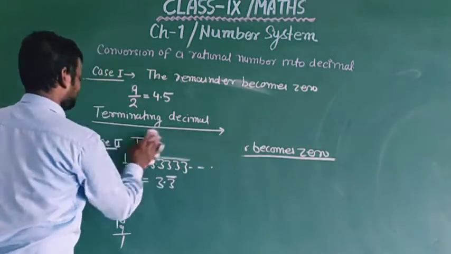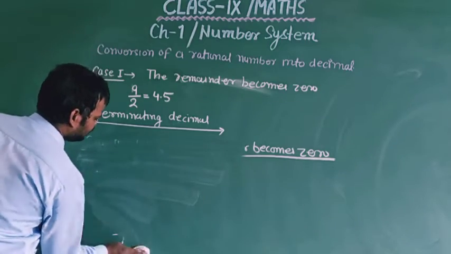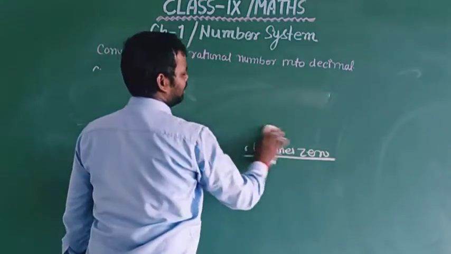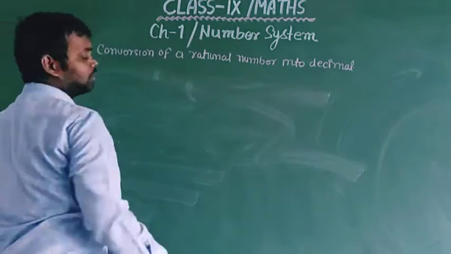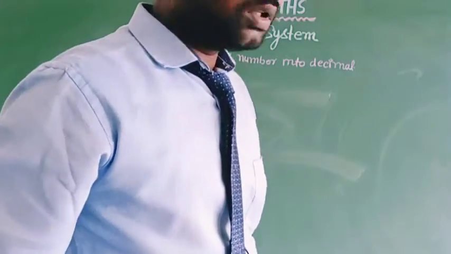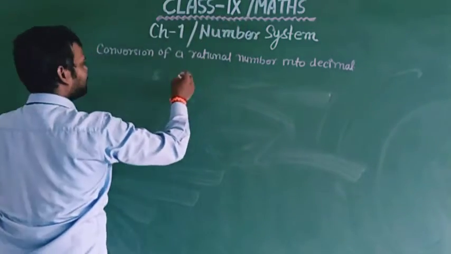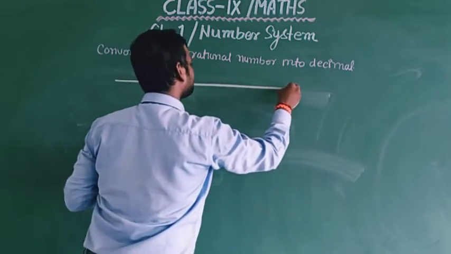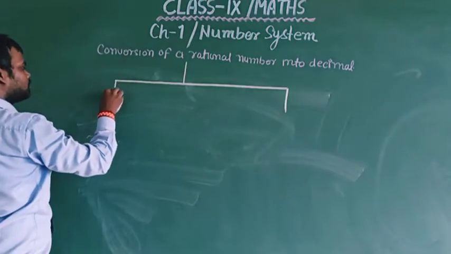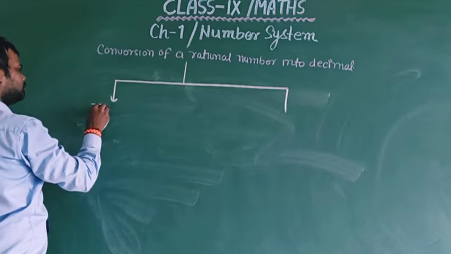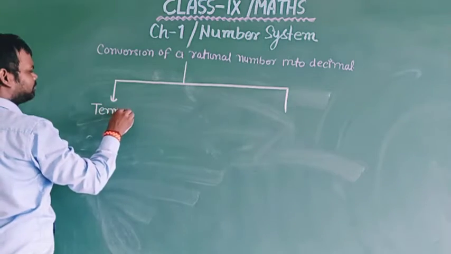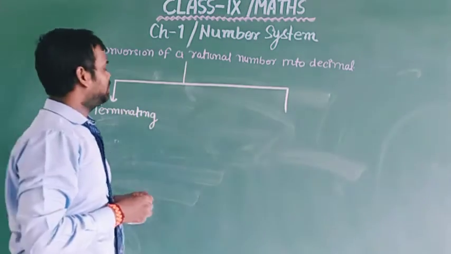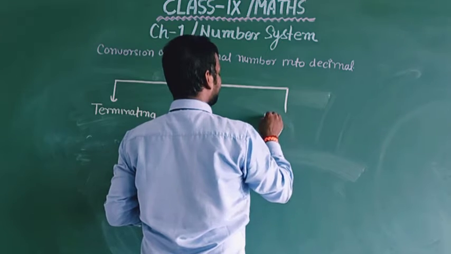We can also understand terminating and non-terminating in another way. Conversion of a rational number into decimal has two types. The first is terminating decimal, and the second is non-terminating decimal.